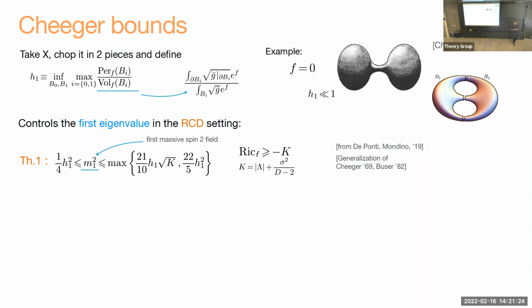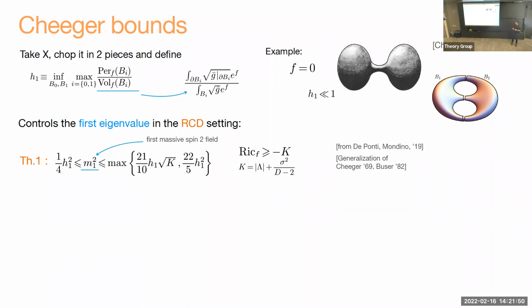So if you happen to have a manifold, possibly with warping, that has a very small Cheeger constant, then you can say that the first spin-two field is very light. This comes from the lower bound on this modified Ricci tensor and from a theorem by Ambrosio, Ponti and Mondino in this RCD setting. So it holds also for compactifications with sources.